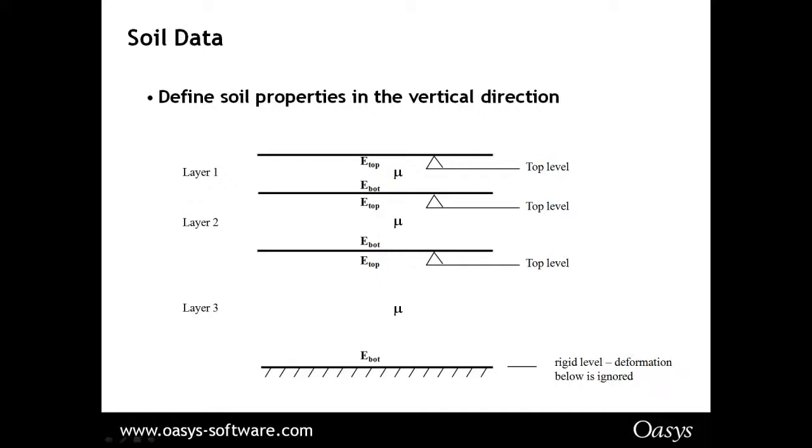The Boussinesq method has one constant Poisson's ratio for everything. Mindlin can have different Poisson's ratios for different layers. You also need to have the rigid boundary level, which is the limit of the problem at the bottom. This could be bedrock, or it could just be the limit of the model, the soil stress bulb underneath the structure, because you don't really want to analyze all the way down to the mantle.